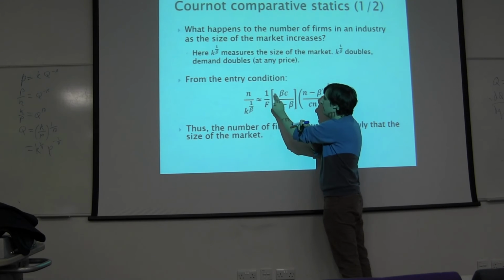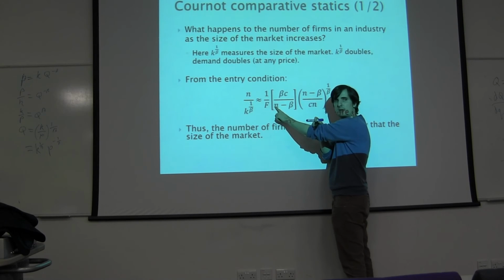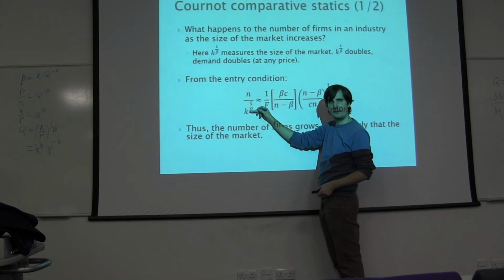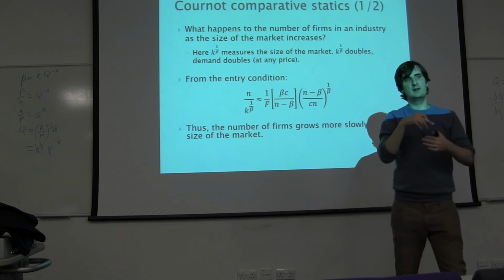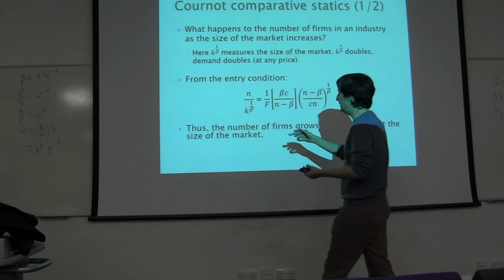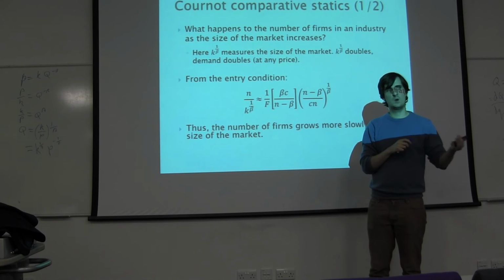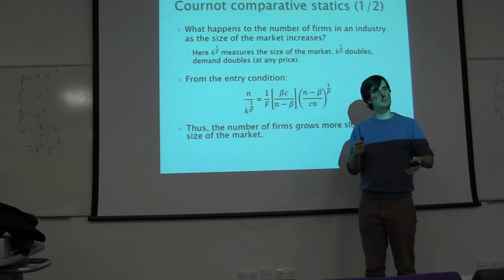So when n is big, this thing is going to be small. So when n is big, the number of firms divided by the size of the market is going to be small. So when we have a large number of firms, we're actually going to have fewer than you would expect. Does that make sense? Or equivalently, when the market is big, there would be fewer firms than you would expect there to be.